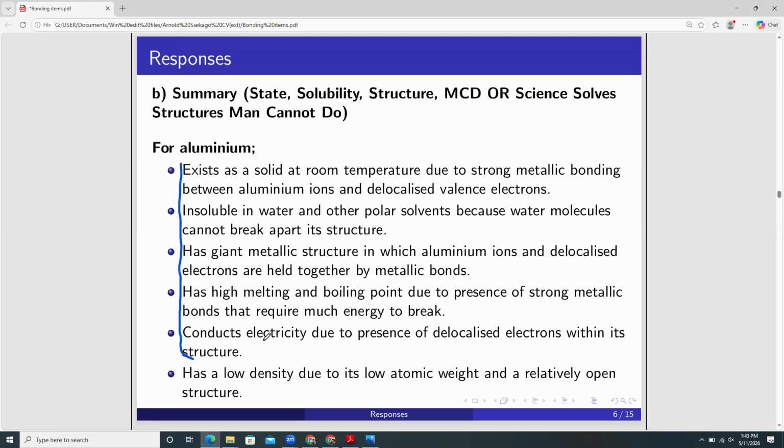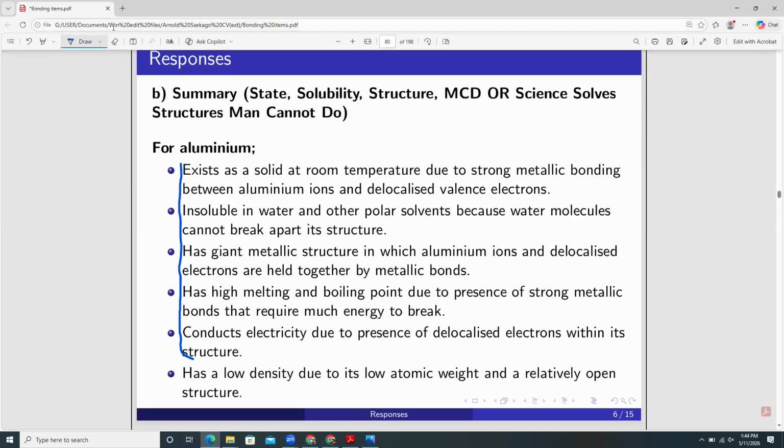All those apply to any other metal. However, for density, I have said, not every metal has a low density. So these other 5 are qualifiers. They qualify for any other metal. If it is iron, you give the same properties.